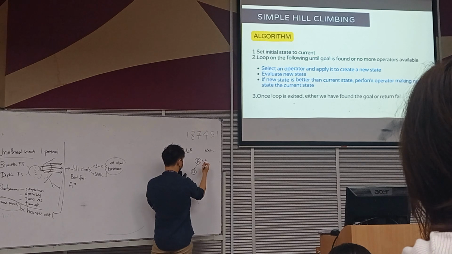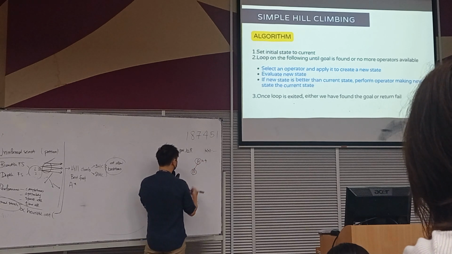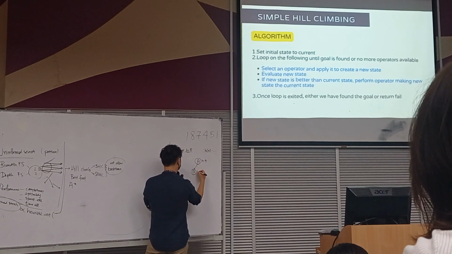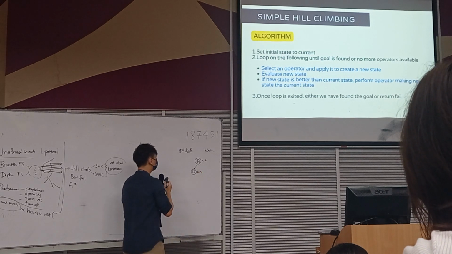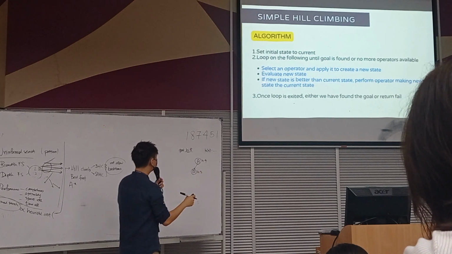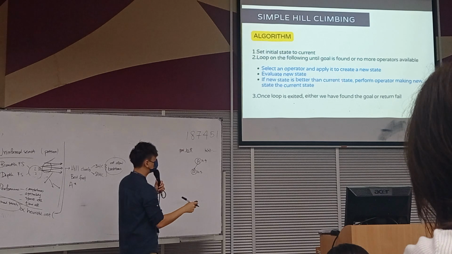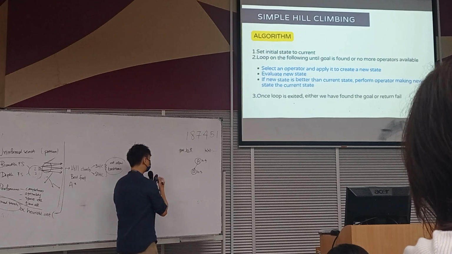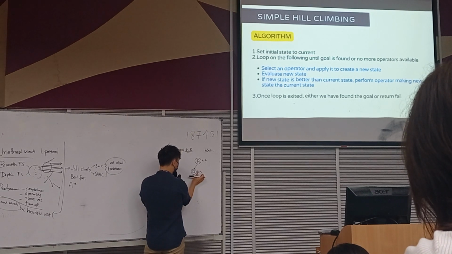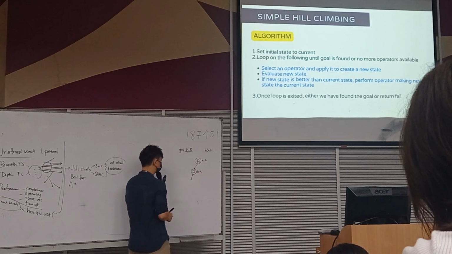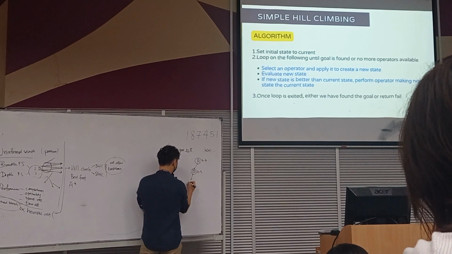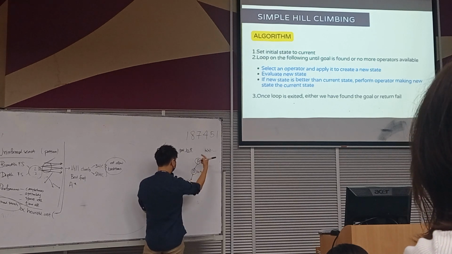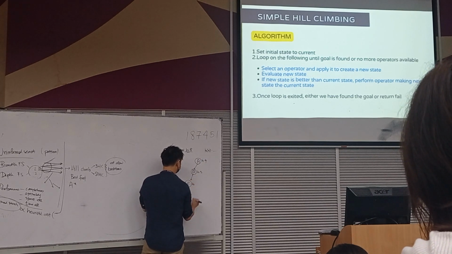At this moment it's only 4. So you travel to B, we use this function to calculate, and you get 5. What happens here is, if the new state is better than the current state, then only do we make the new state the current state. We have to ensure that the heuristic cost here must be better than this one, then only can we continue. If we continue, we get C, let's say. Again, we generate the cost, let's say it is 5.